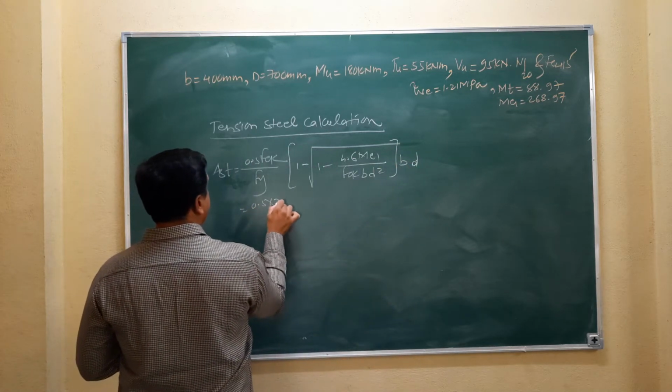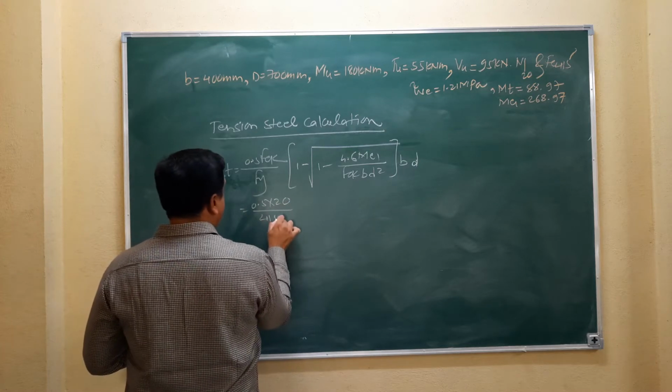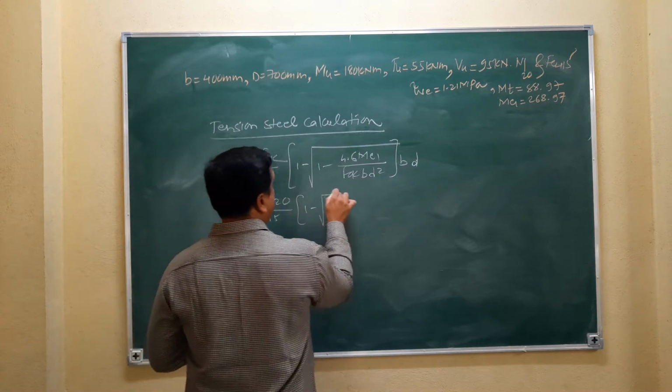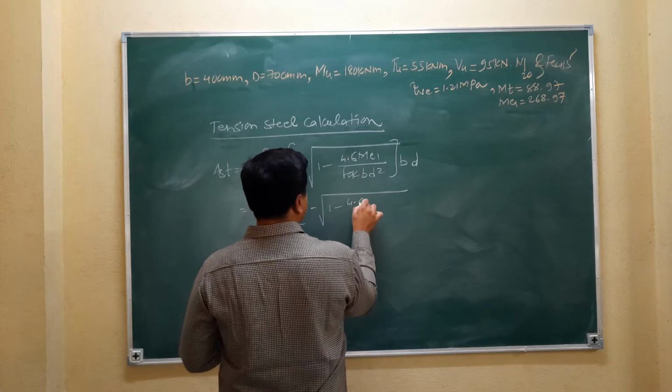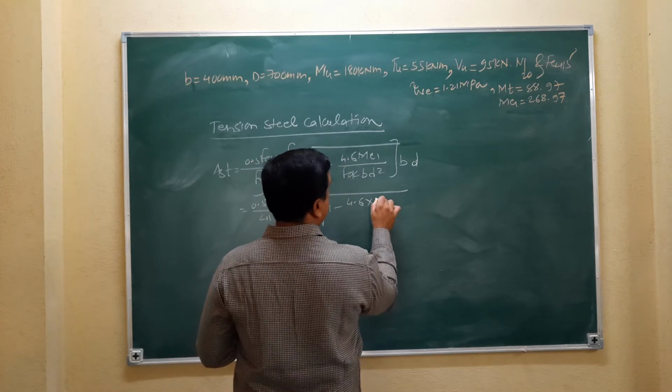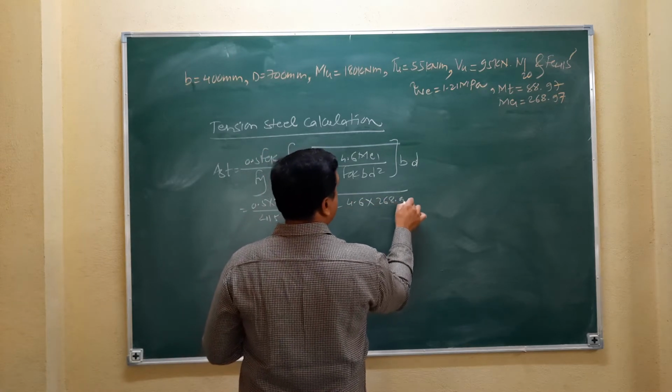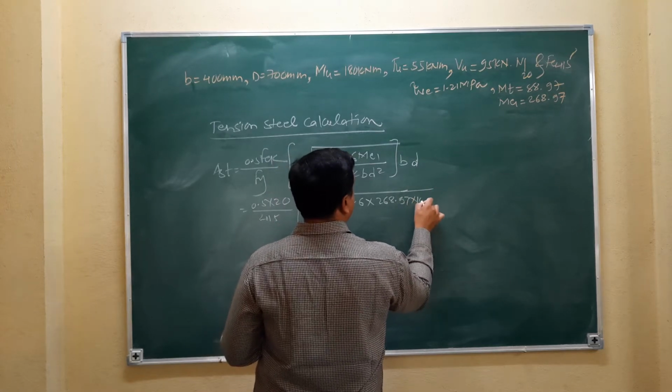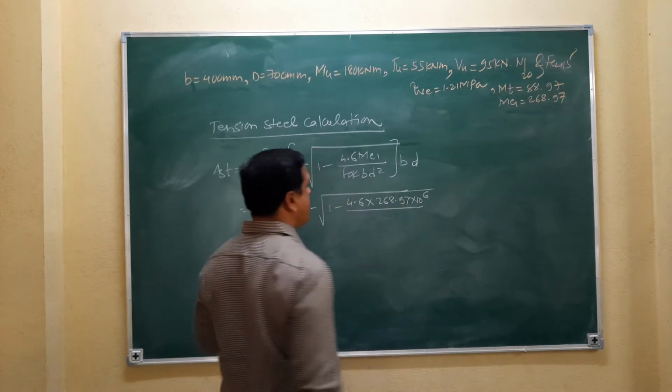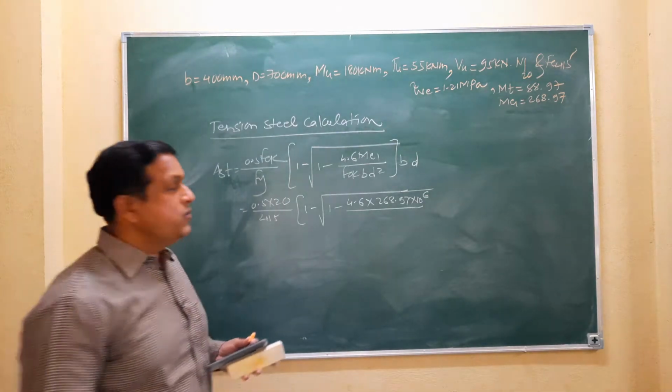So 0.5 fck is 20, fy is 415. 1 minus under root of 1 minus 4.6, Mu1 is 268.97. I have to multiply by 10 raised to 6 because I have to convert this value into Newton mm.